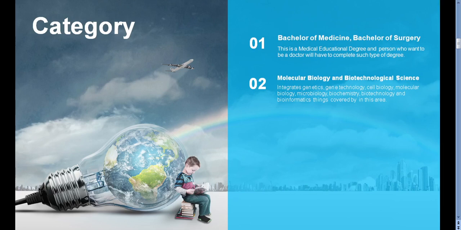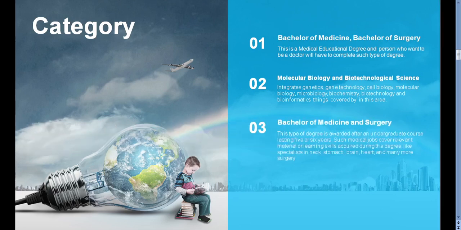The third full form of MBBS is Bachelor of Medicine and Surgery. In this category, people have to complete a 5 to 6 year graduation degree program, and it belongs to neck, brain, heart, or other specialist surgery, where people want to be a specialist in one section.